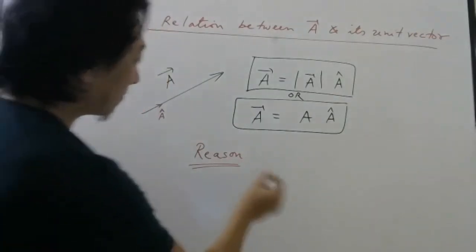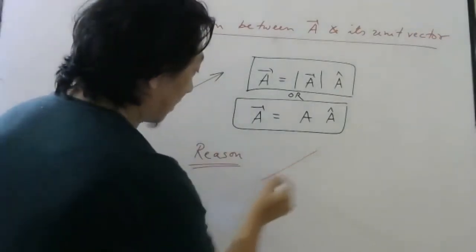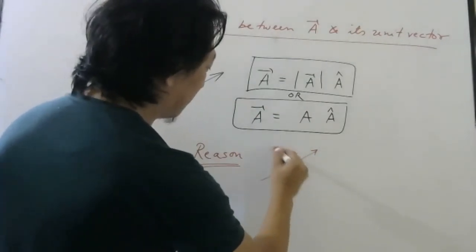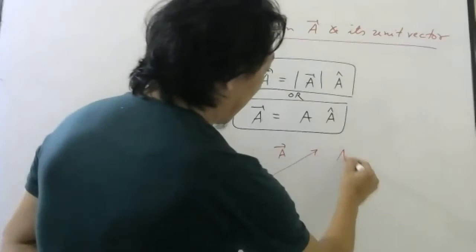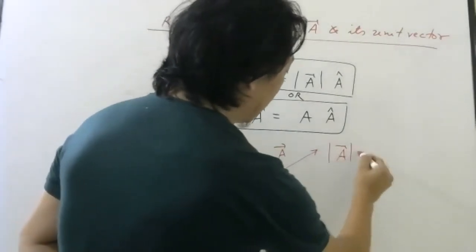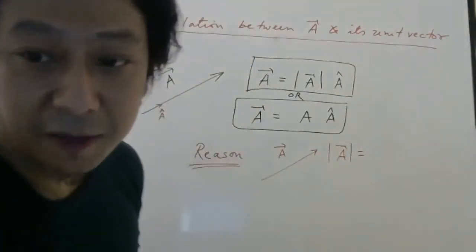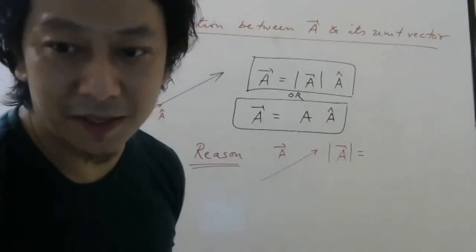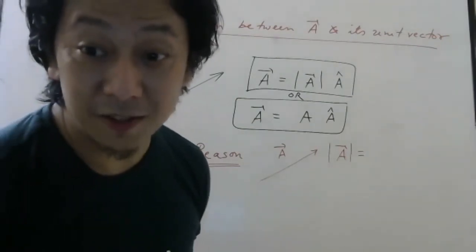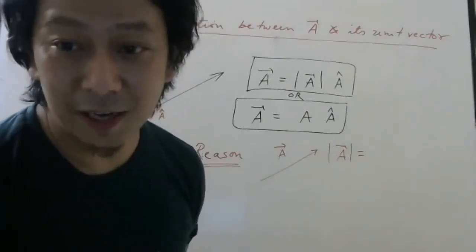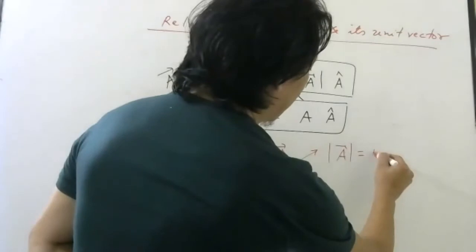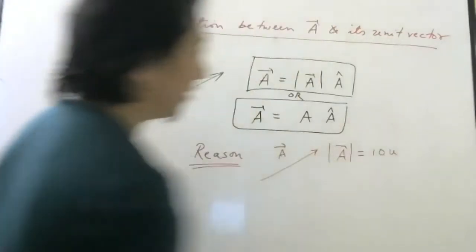Look here. Let us say I have a vector, any vector, A bar. The magnitude of A bar can be a number, right? You can accept that. So let us say the magnitude is 10 units.